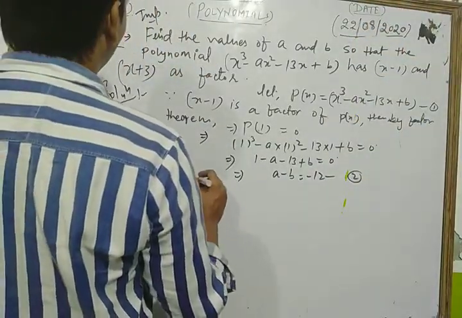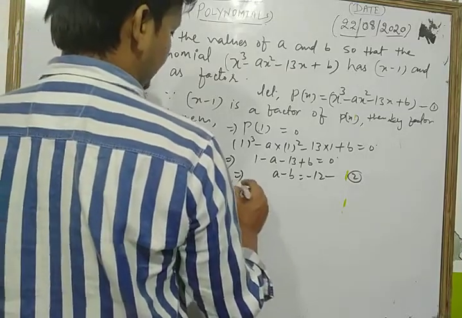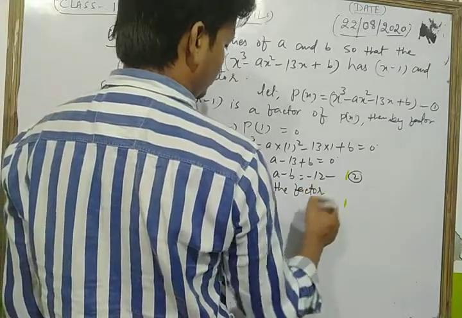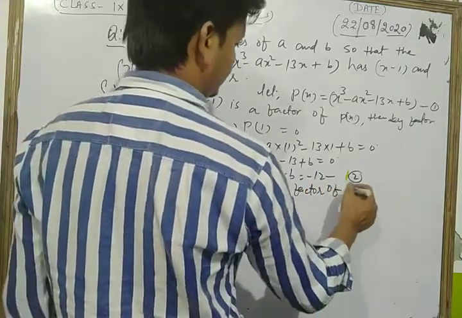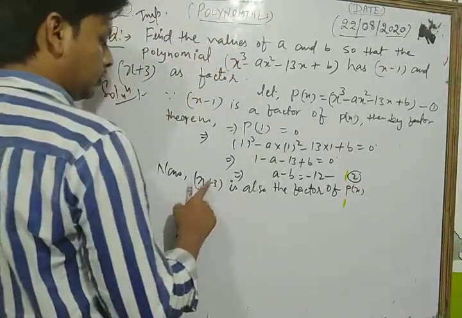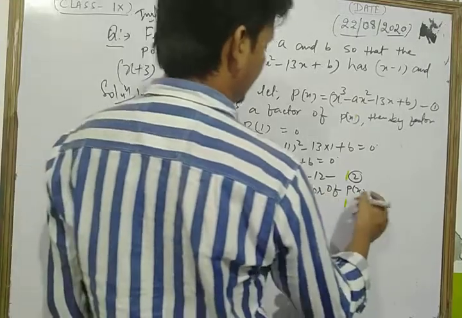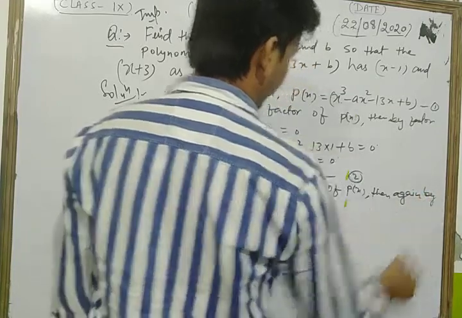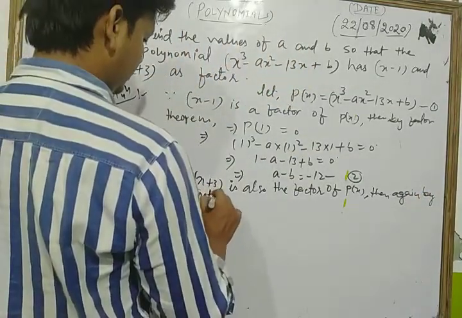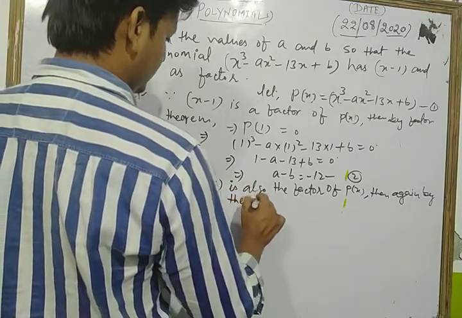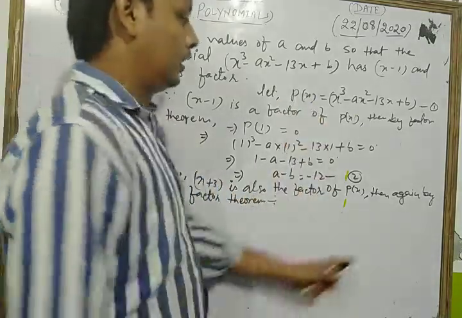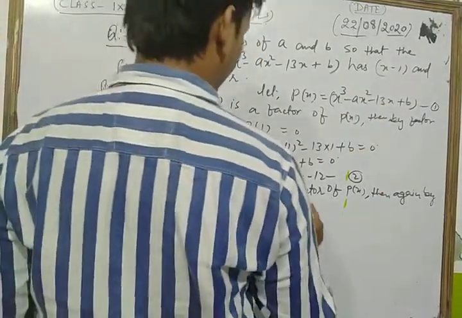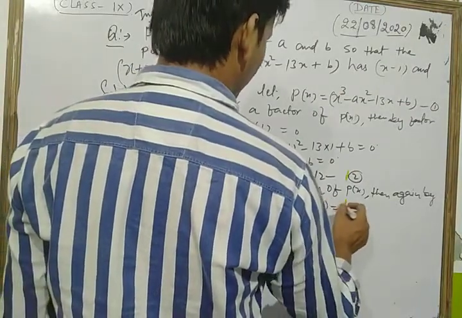Dear students, since x plus 3 is also a factor of p(x), then again by the factor theorem, p of minus 3 must be equal to 0.